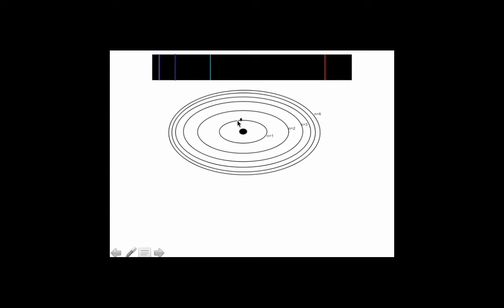He said that in its ground state, in other words, when there's no extra energy added to the hydrogen, the electron is in the lowest energy level. When energy is added to the atom, the electron absorbs this energy and goes up to another energy level. The electron could go up to the 6th energy level, or the 5th, 4th, 3rd, or 2nd, depending on how much energy was absorbed.